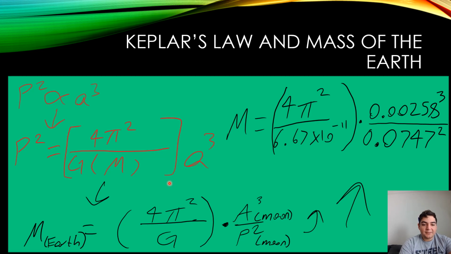So if we substitute for the variable that we want, which is mass, we would get that mass of Earth equals parentheses 4 pi squared over the gravitational constant, close parentheses, multiplied by the size of the orbit of the moon cubed over the period of the moon squared, and that will give us our mass, which after plugging everything in, this is what our formula would look like.